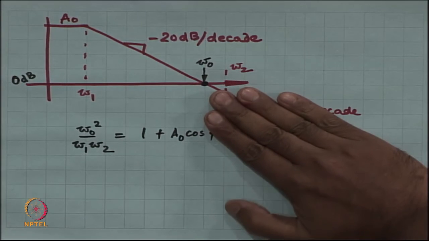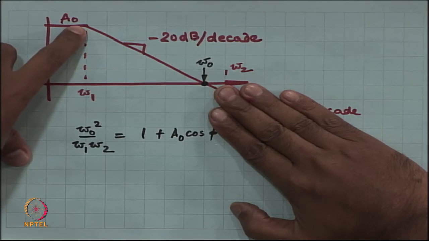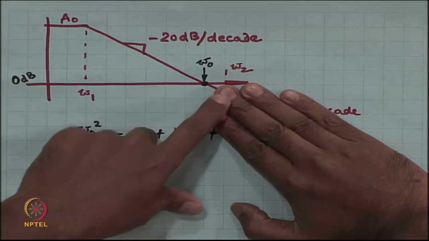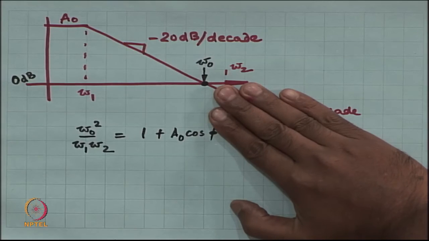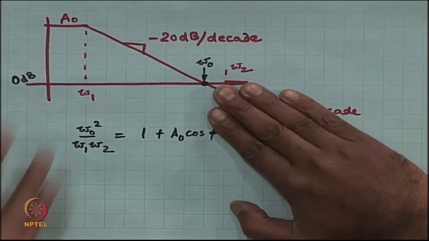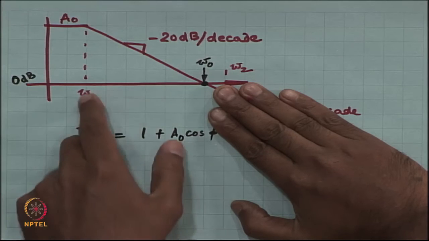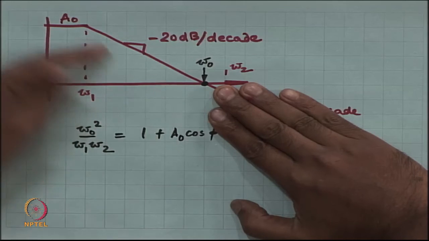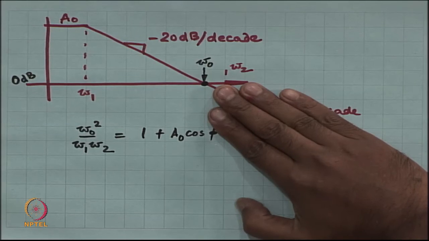Suppose this does not exist. The relationship between omega 1 and omega naught is just this minus 20 dB per decade. What does minus 20 dB per decade mean? It means that if I increase frequency some k times, then the gain is going to go down k times, right.